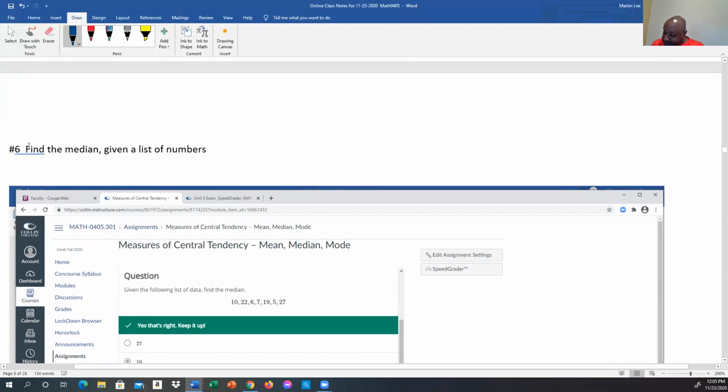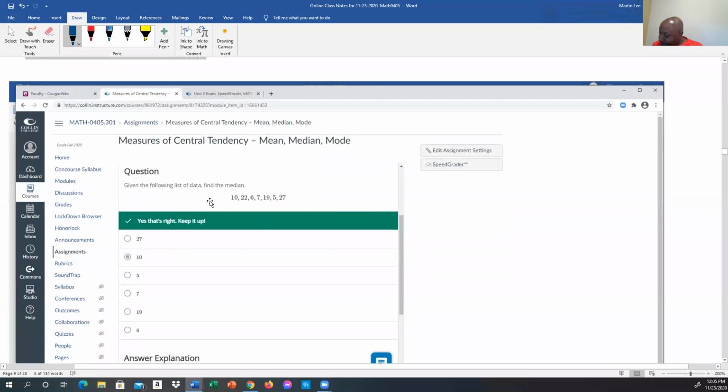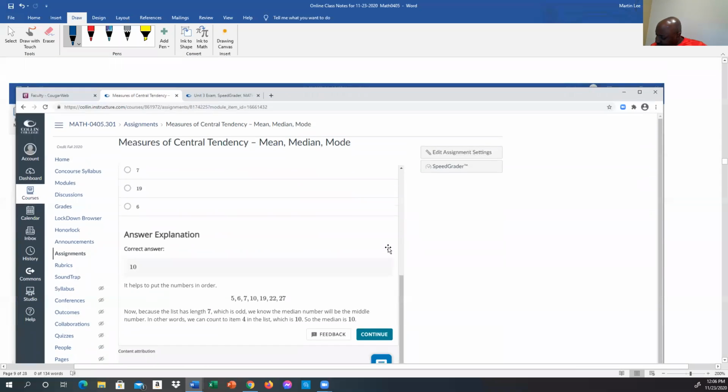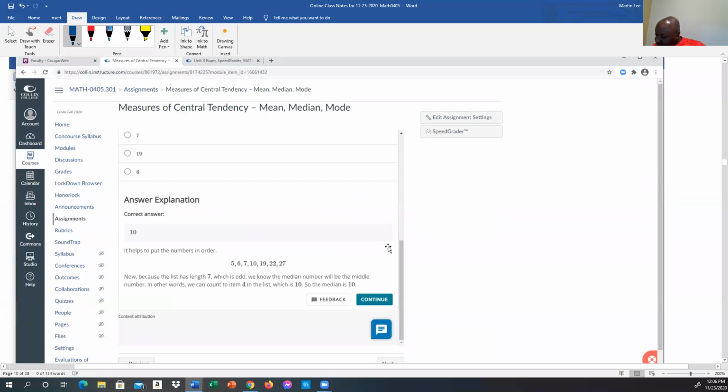Okay, next up, number 6, find the median or the middle value given a list of numbers. So we have this list of numbers here, and we want to find the median of this set of numbers. Well, it helps to put the numbers in order first, which is what they did here.